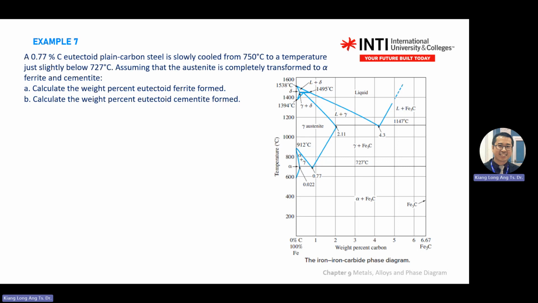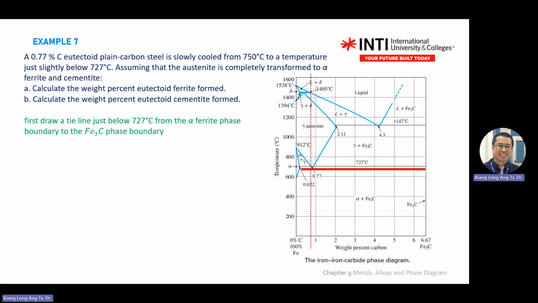Calculate the weight percentage of eutectoid ferrite formed. So you prepare the template like just now, then you do the analysis. We are looking at this region. Draw a tie line just below 727, because the dot is just below here. Draw a line from the alpha boundary to the Fe3C, which is the cementite boundary.